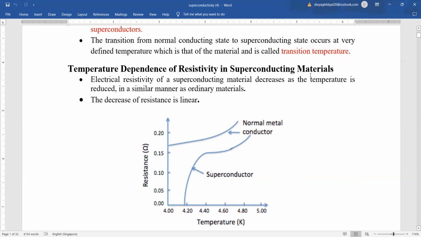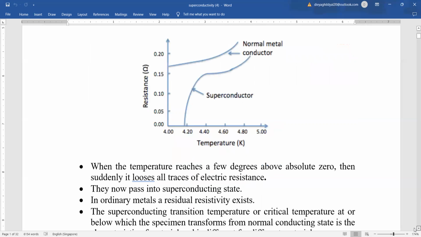You can have a look at the graph and observe that electrical resistivity is taken on the y-axis and temperature on the x-axis. Now have a look at the graph. The electrical resistivity of a superconducting material decreases as we decrease the temperature, and the decrease is approximately linear.